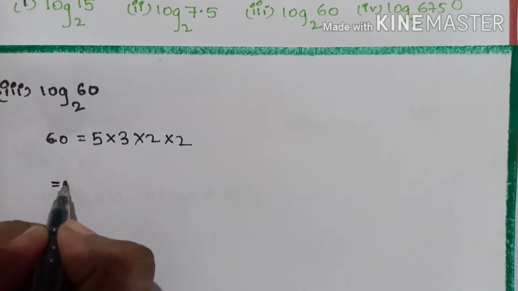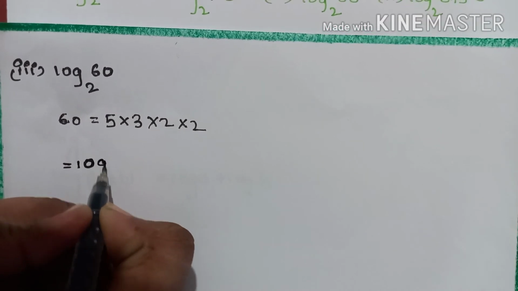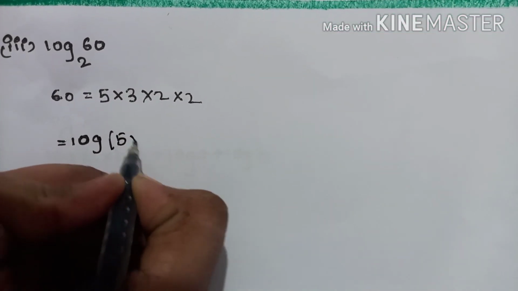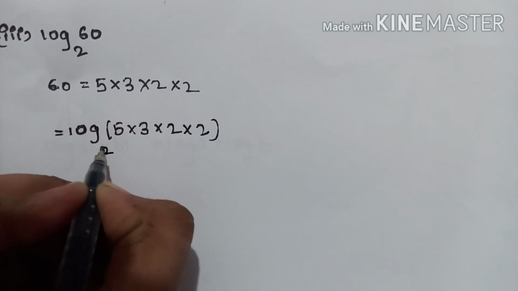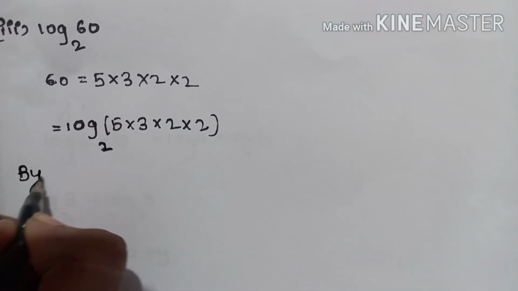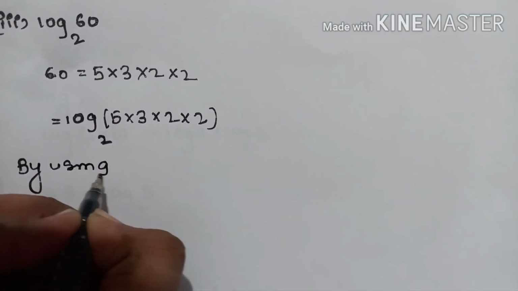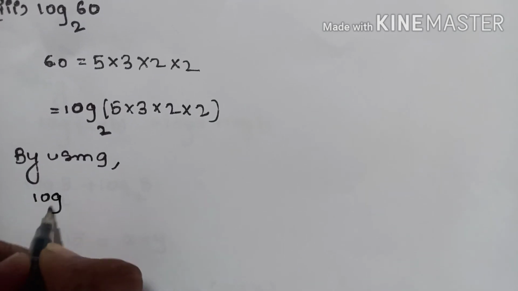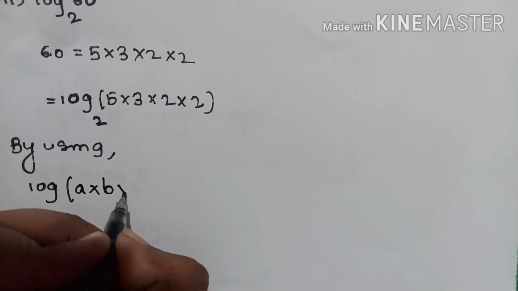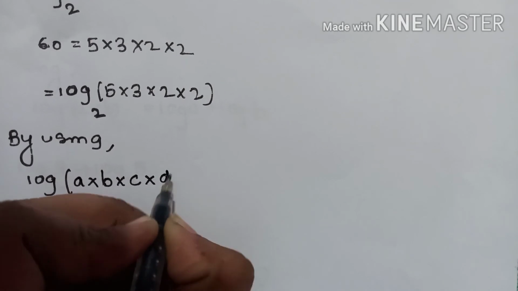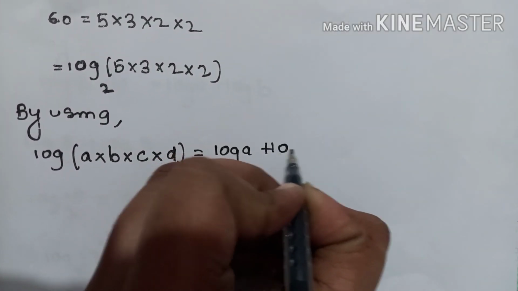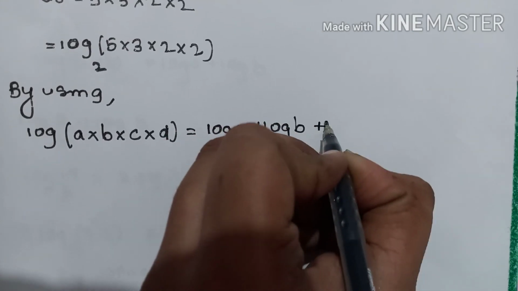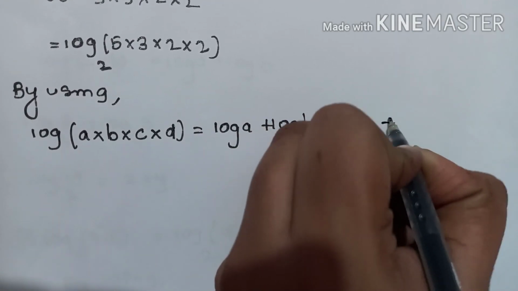So this can be written as log 5 into 3 into 2 into 2 to the base 2. And by using the property, we know the property, right? Log a into b into c into d, the same property, which is log a plus log b plus log c plus log d.